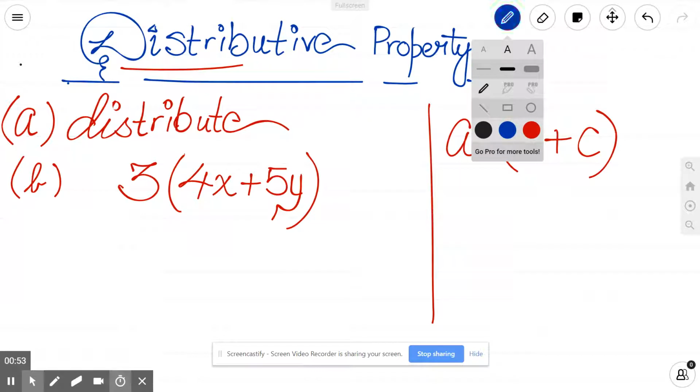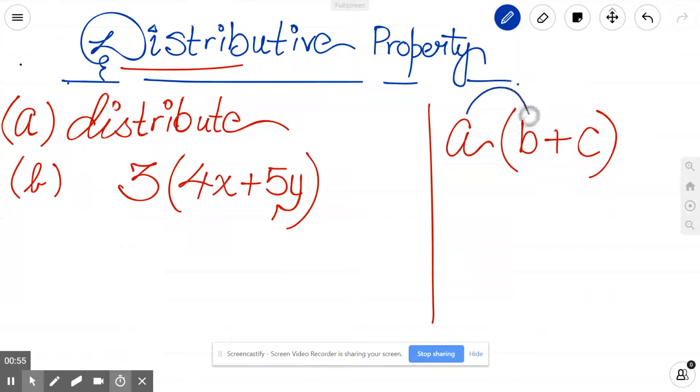With variables, it means that the letter A is going to be multiplied with B as well as C. So this letter A is getting distributed to B and C. But how? In order of multiplication. So our answer will be A times B plus, because the middle sign is plus here, A times C. So that should be our answer.